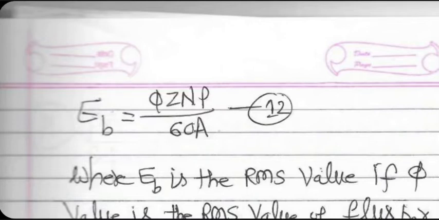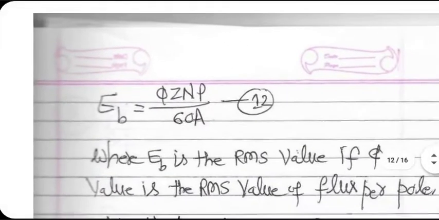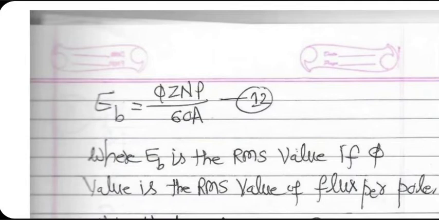Phi Z N P divided by 60A. And this is RMS value. Okay. We are assuming that phi is RMS value. That's why the answer is RMS value. In any case, after you have used commutation, the concept of RMS value or average value or peak value, etc., all goes away anyway.